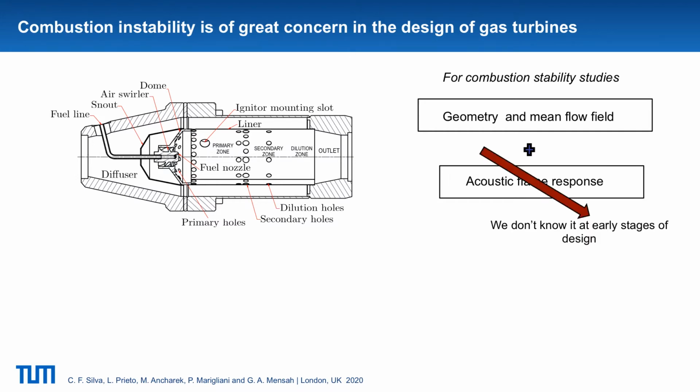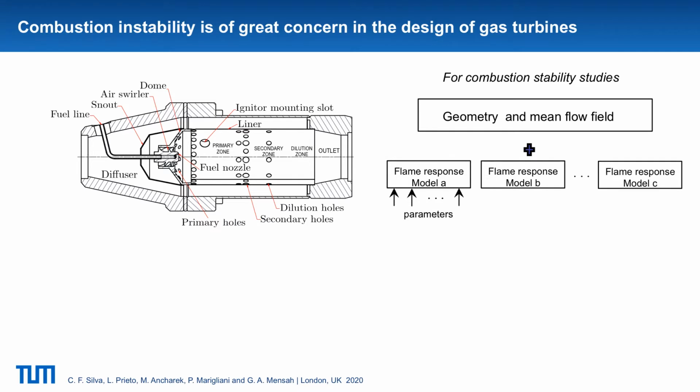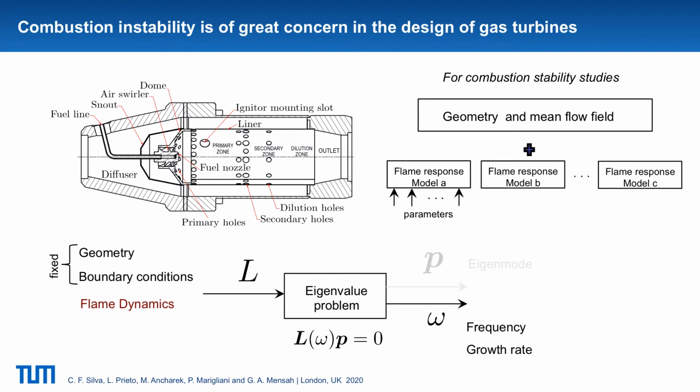How to proceed then? Actually, an idea could be to consider a collection of flame responses, each flame response qualitatively different from the other, and in each flame response you have a given number of parameters with certain defined ranges. The idea would be to consider each of these values in the flame response to compute an eigenvalue problem.